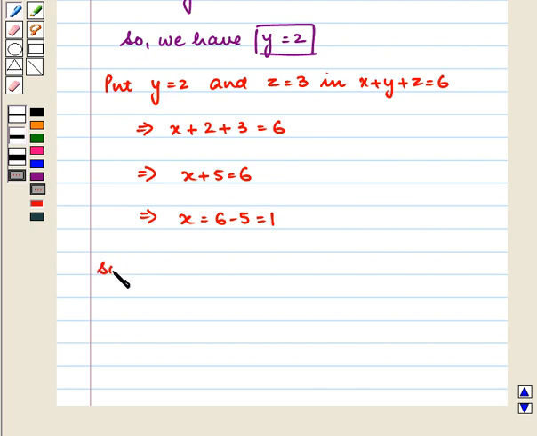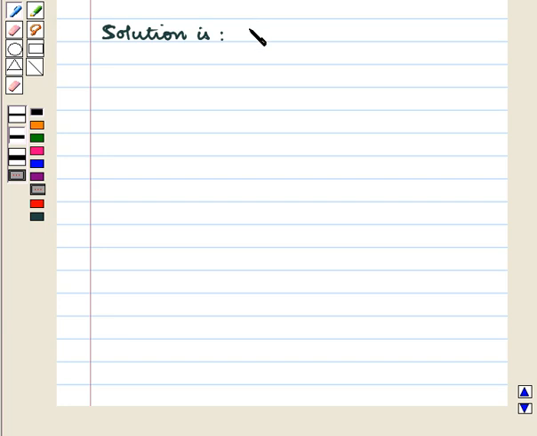So we have x equal to 1. So the solution is x equal to 1, y equal to 2 and z equal to 3.